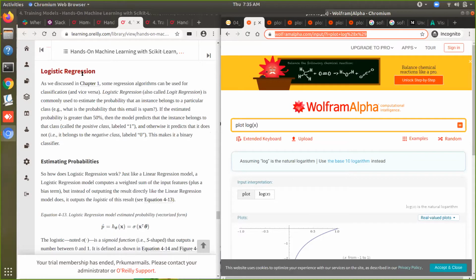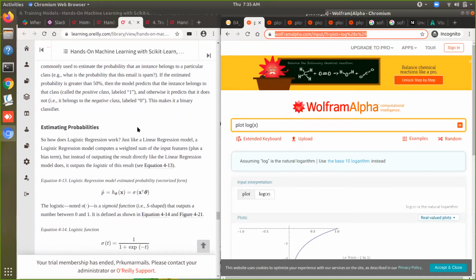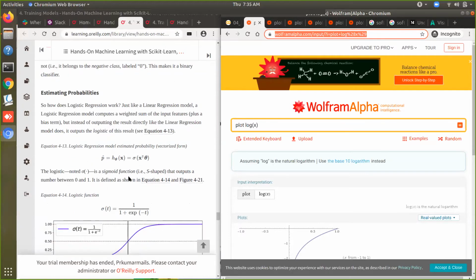In normal linear regression we frame some mathematical equation that best represents our input data. In the same way, along with the modeled one, we will be applying a function sigma over it.